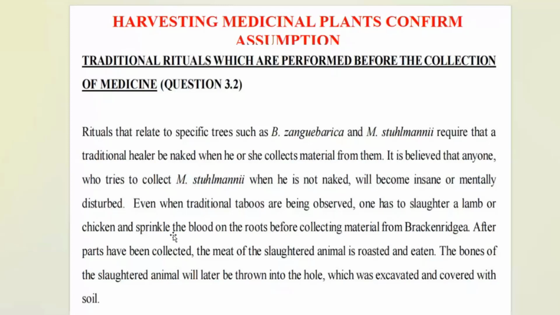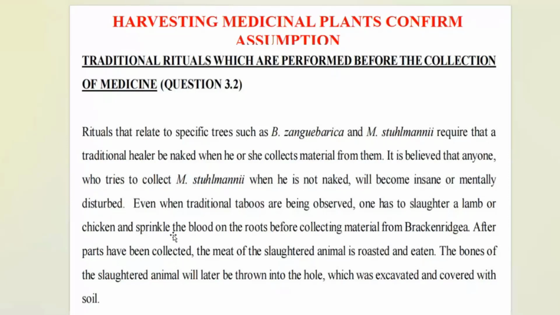Rituals that relate to specific trees such as Brachylaena huillensis, it is Mutabatsindi in Tshivenda, and Milicia excelsa, require that a traditional healer be naked when he or she collects material from them. It is believed that anyone who tries to collect these plants, Milicia excelsa, when he is not naked, will become insane or mentally disturbed.